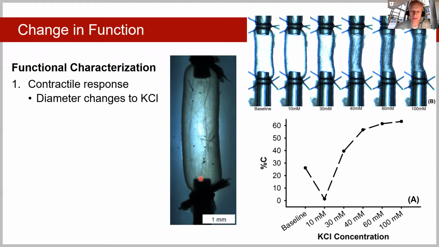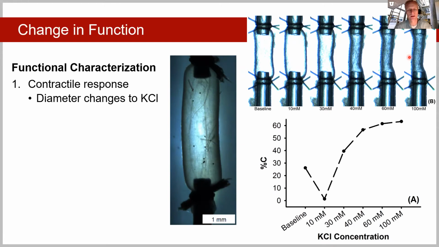What he did was attach a blood vessel to needles and then expose it to a series of concentrations of a chemical, in this case potassium chloride, and potassium chloride stimulates the smooth muscle cells in the vessel wall to contract. So you can see this healthy blood vessel here, as it experiences greater concentrations of KCl, it contracts more and more, right?